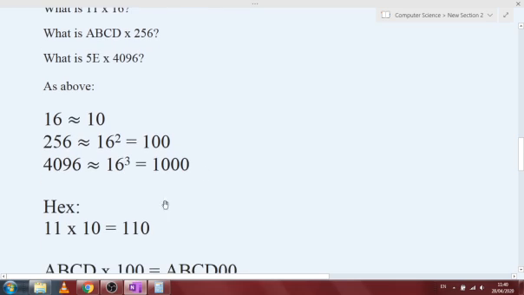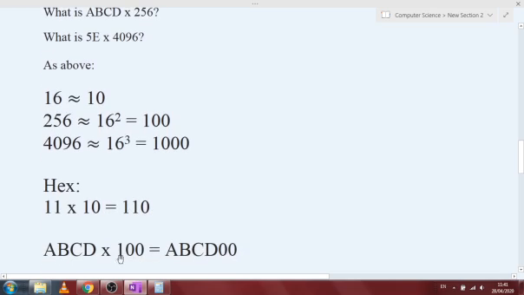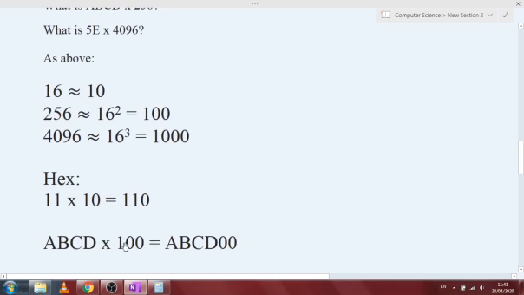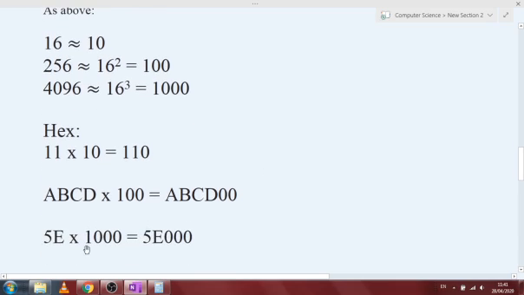So if we take these examples, we have 11 by 16, which is 10 in hex, so we have 110, ABCD by 256, well that's by 16 squared, so that's 100, so that's ABCD with 2 zeros at the end. And finally we take 5E by 4096, that is 16 cubed, so that is 1000, so we take 5E and we add 3 zeros to the end.